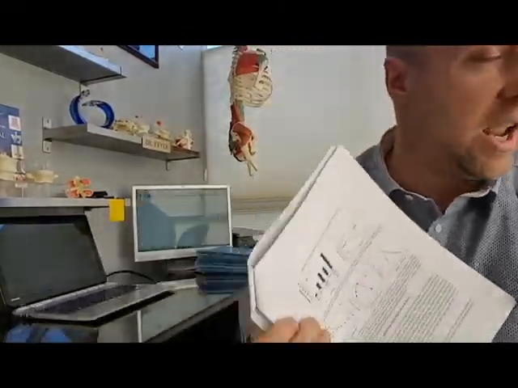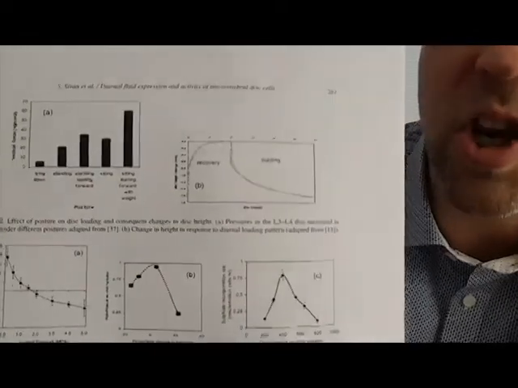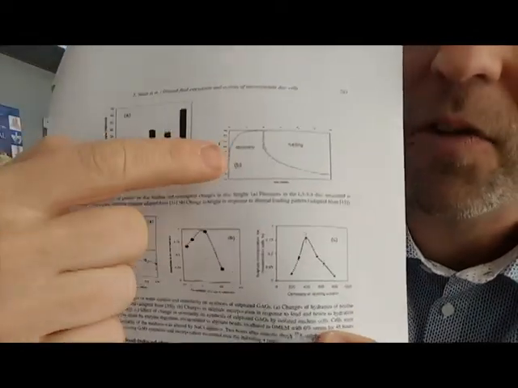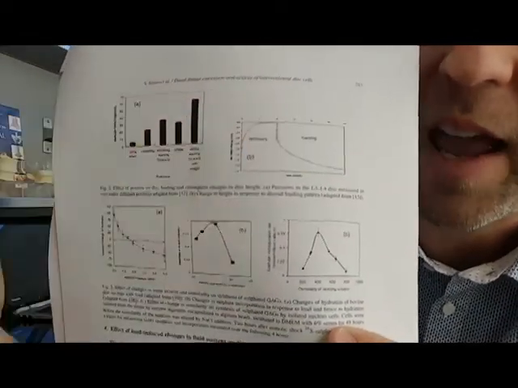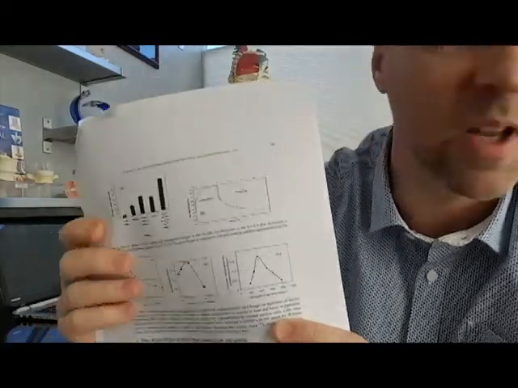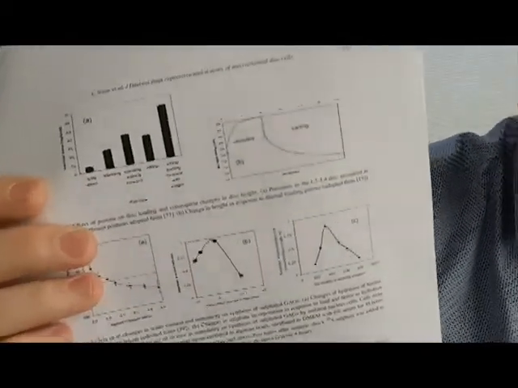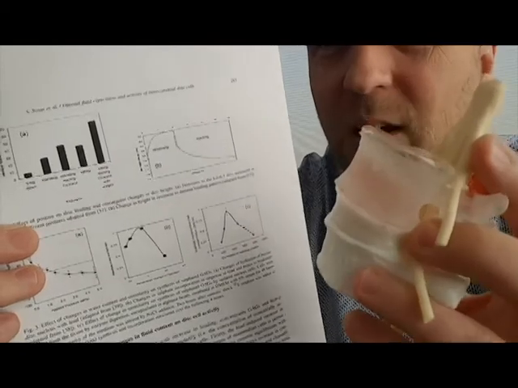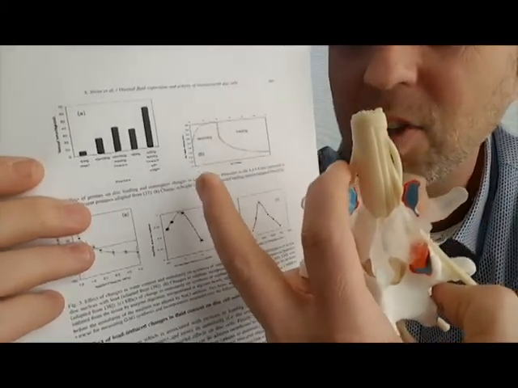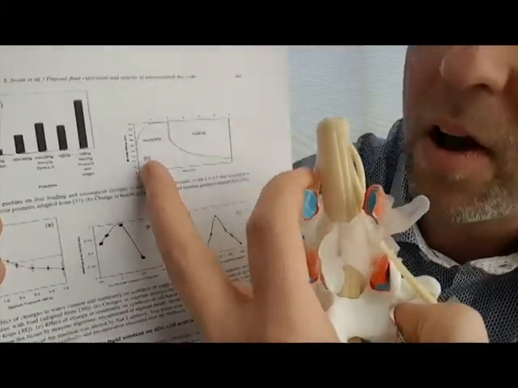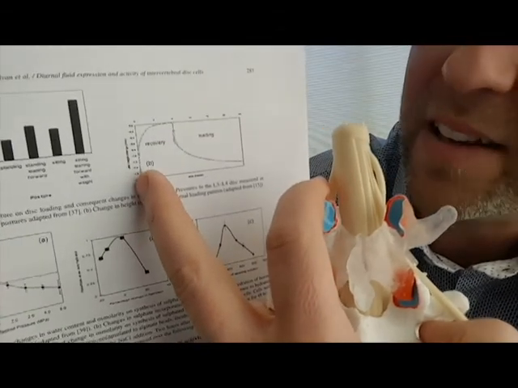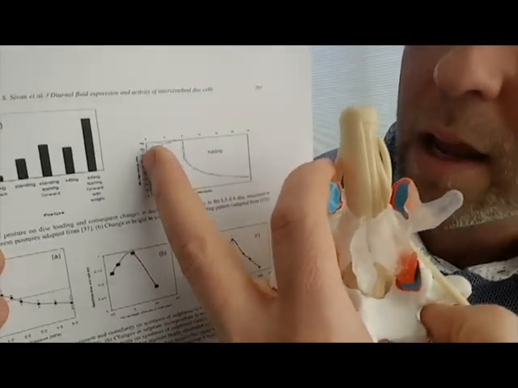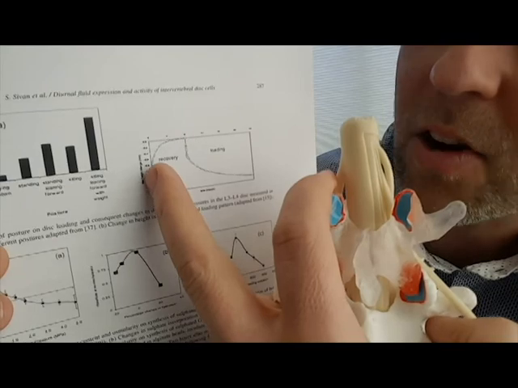But anyways, coming back to this publication, these are diurnal changes over the course of the day in millimeters of height of the intervertebral disc. You can see that upon first lying down, there is a quick change of increasing height.